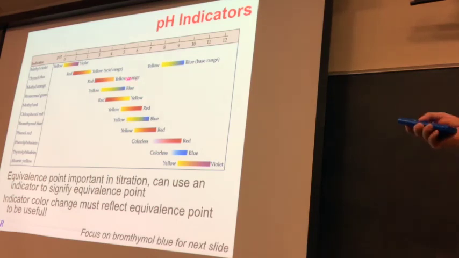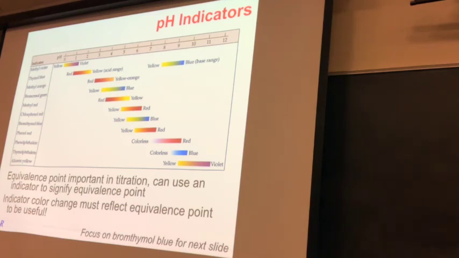No, it's not, because it turned blue way too fast. You have to have an indicator that's going to change around your equivalence point, all right? Otherwise, you'll start seeing these beautiful colors, and I'm totally distracted by color. However, it won't be very helpful. You're not actually at the equivalence point.